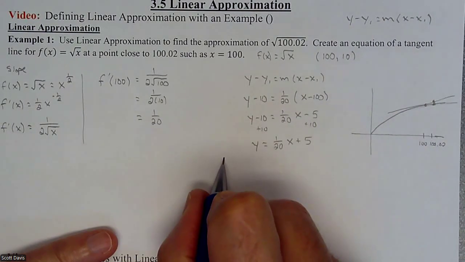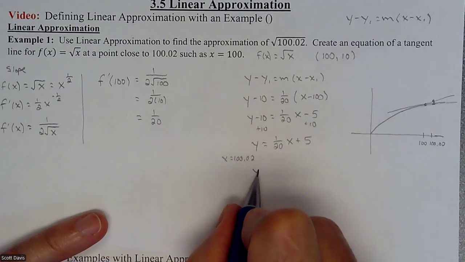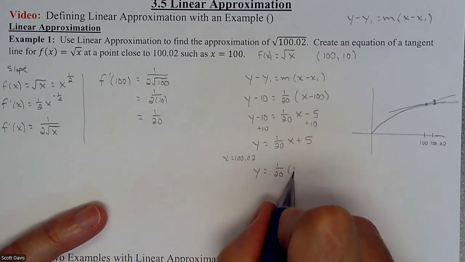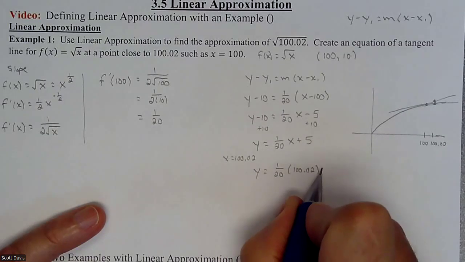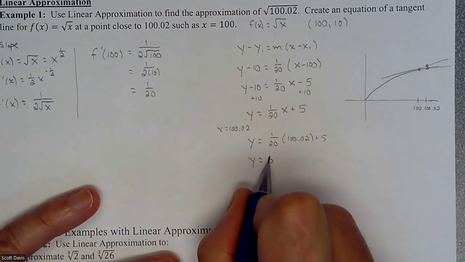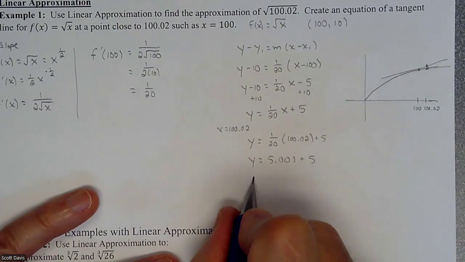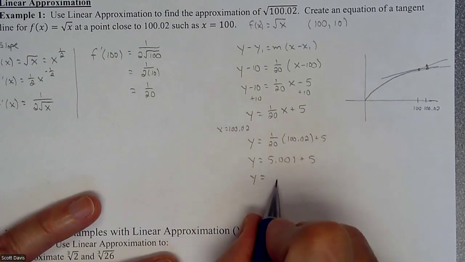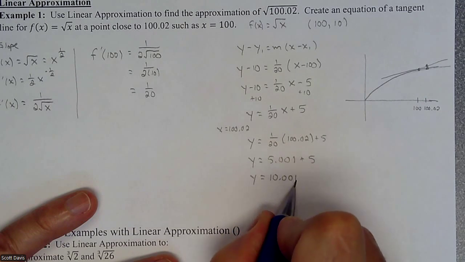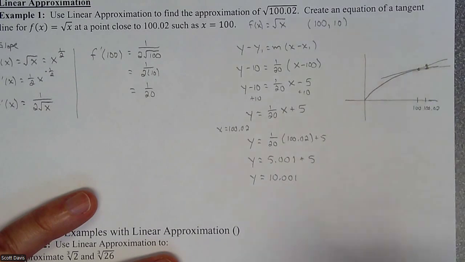So now I'm going to be plugging in 100.2, and this is where I do have to use a calculator. So 1 over 20 times 100.2 plus 5. If I plug that into the calculator, that gets me 5.01 plus the 5. So my tangent line would get a value of 10.01. That's just a smidge higher than the actual value.